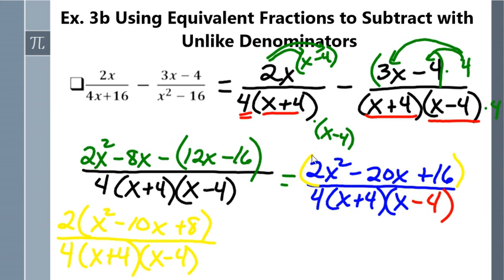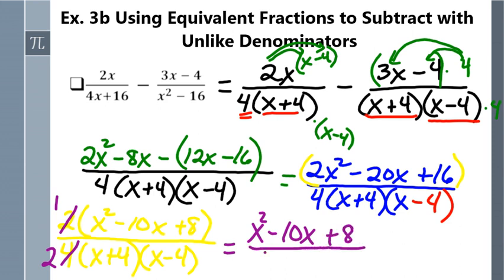And you can see here that we can simplify this. I can divide a 2 here and get 1, divide a 2 here and get 2. So that leaves you with an answer of x squared minus 10x plus 8 all over x plus 4 times x minus 4 times 2.